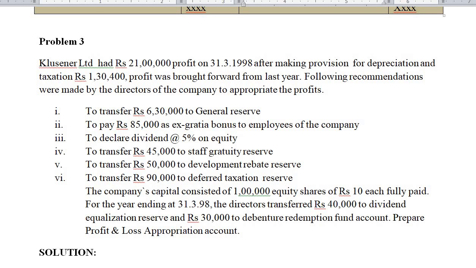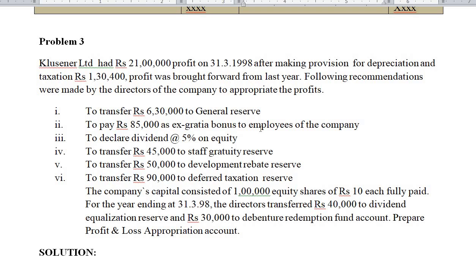First thing is to transfer rupees 6,30,000 to general reserve. So as you know, it will come in the debit side of the profit and loss appropriation account. Okay, and to pay rupees 85,000 as ex gratia bonus to employees of the company. So ex gratia bonus is something which is similar to a proposed bonus.